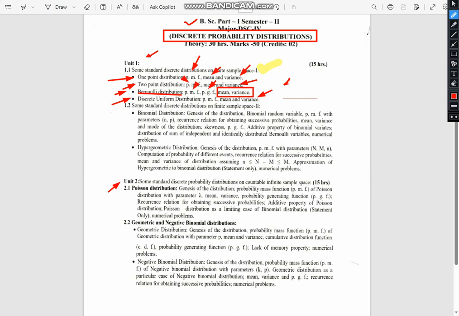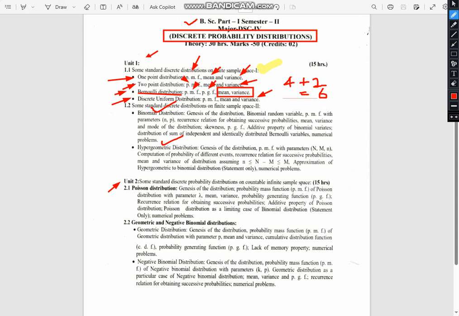And in the next subunit, some standard discrete distributions on finite sample space, there are two distributions: one is the binomial distribution and the other is the hypergeometric distribution. So in all, in the first unit, the total number of distributions is 6. First four in the first subunit and the next two in the next subunit.